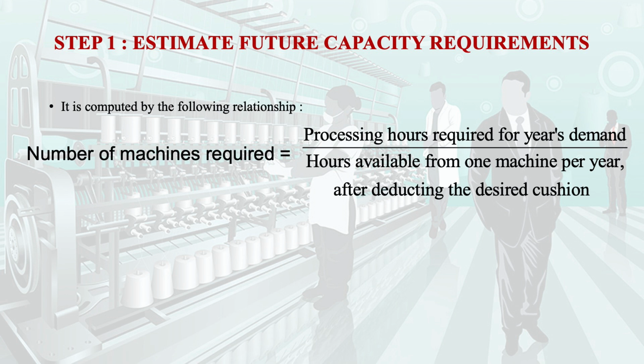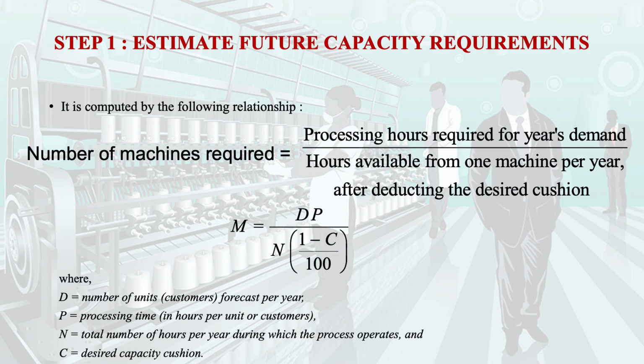Here you will find an equation to calculate the number of machines, that is, the processing hours required for a year's demand divided by the hours available from one machine per year after deducting the desired capacity quotient. The equation is M = DP / (N(1 - C/100)), where D is the number of units, P is the processing time, N is the number of hours, and C is the desired capacity quotient.